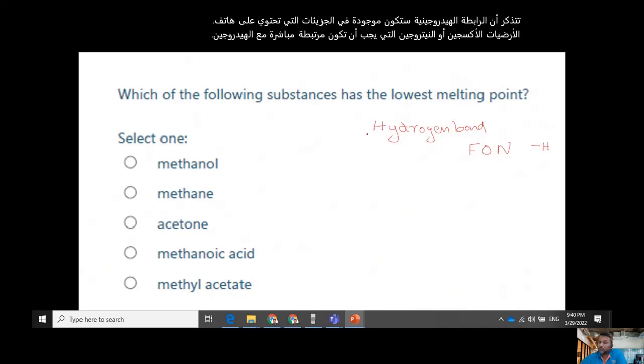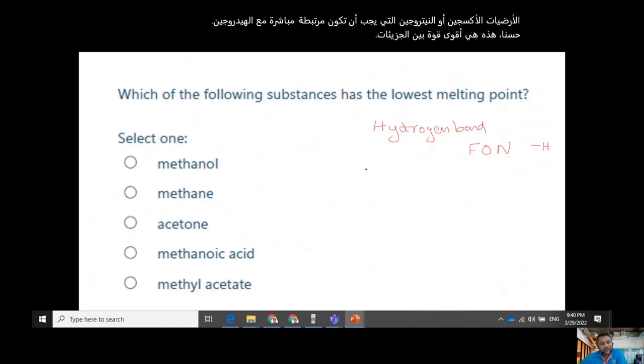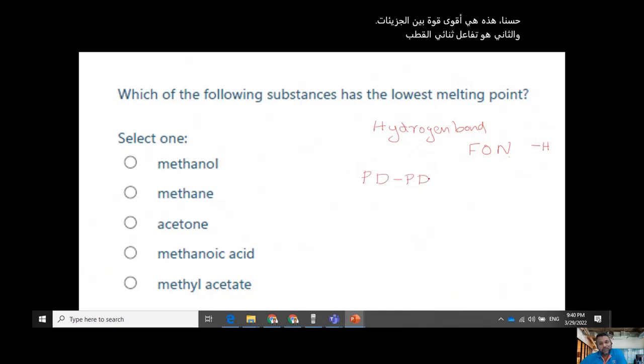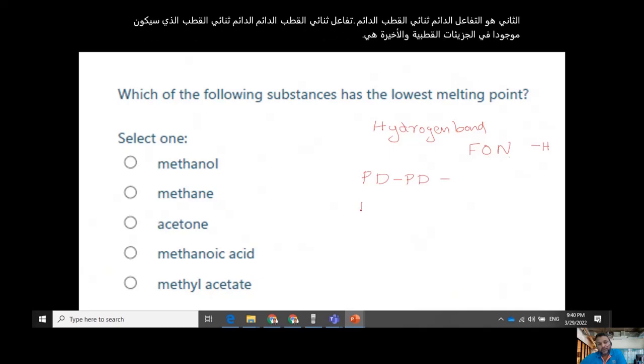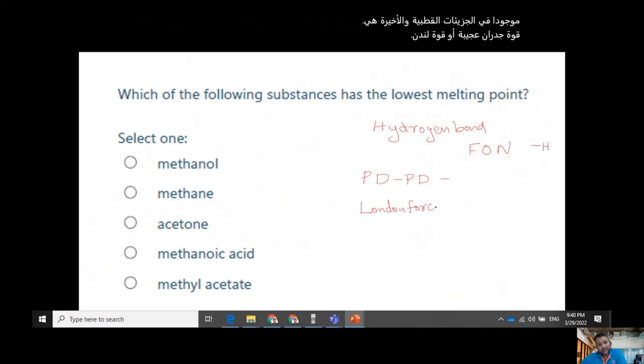Second is permanent dipole interaction, which is present in polar molecules. And the last one is van der Waals force or London force, which depends on the size of the electron clouds of the molecule.